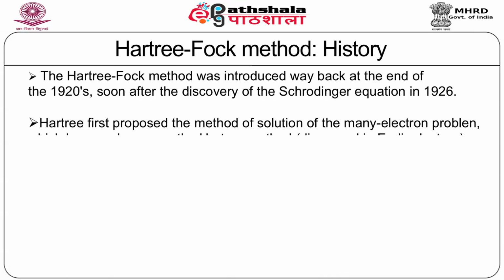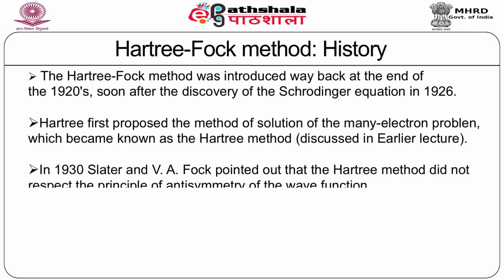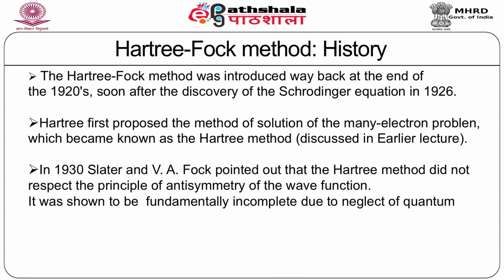Hartree first proposed the method of solution of the many electron problem, which became known as Hartree method, as was discussed in the earlier lecture. In 1930, Slater and Fock pointed out that Hartree method did not respect the principle of antisymmetry of the wave function. It was shown to be fundamentally incomplete due to neglect of quantum statistics followed by the electrons.